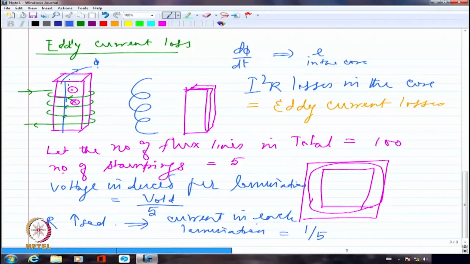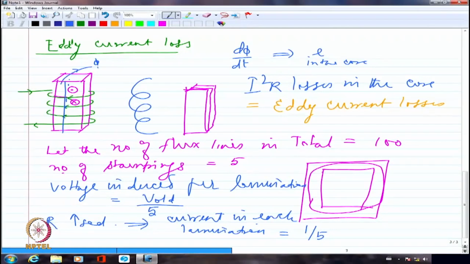So basically, we are looking at reducing, not completely eliminating, reducing the eddy current losses by making the core made up of several stampings or laminations which are separated from each other with the help of some kind of insulator like varnish.